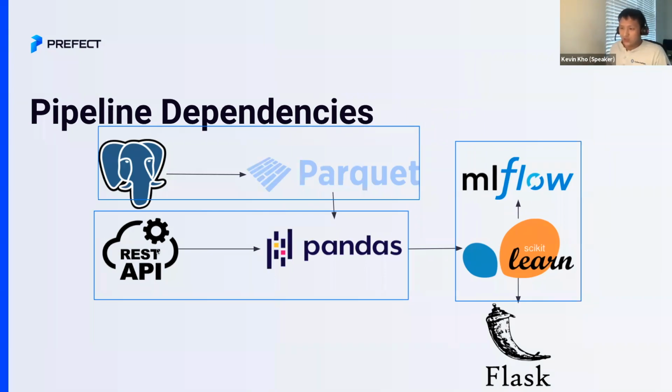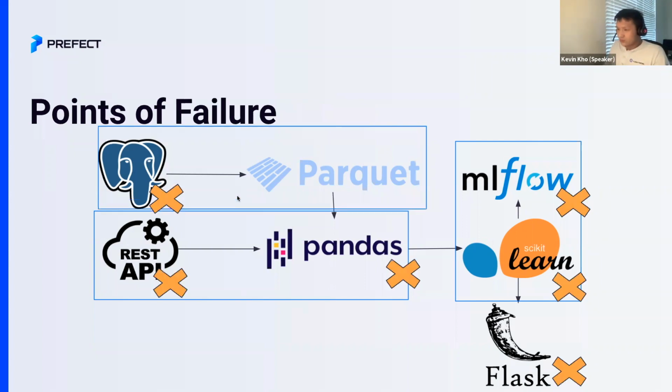So what happens if this API intermittently goes down, or what happens if this database actually dies and this thing cannot run? What happens if our model doesn't train right? Maybe the metrics don't look right, or maybe the model didn't converge or ran out of memory. There could be a lot of reasons why these things fail, right? And they're very interconnected.